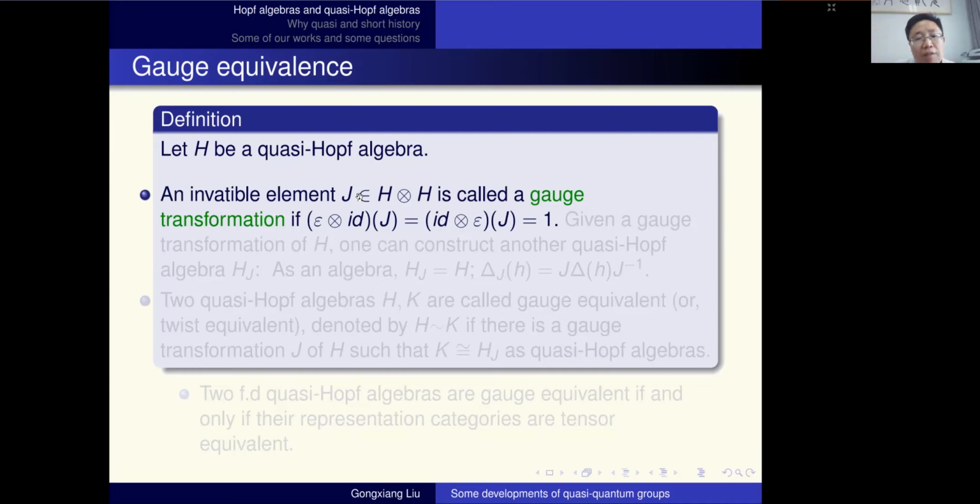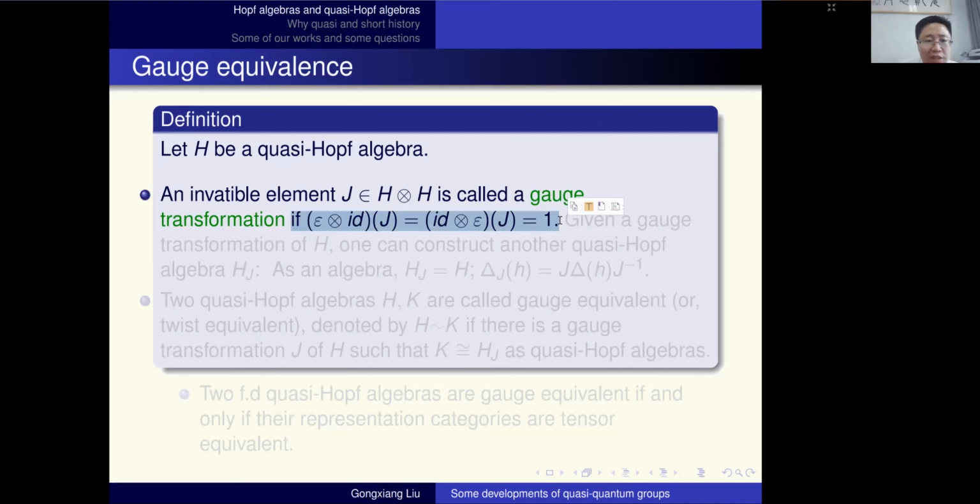An invertible element J belonging to H tensor H is called a gauge transformation if it satisfies this condition. The condition is not strong; actually, it's a very loose condition. So finding such an element is very easy. You can find one anywhere.